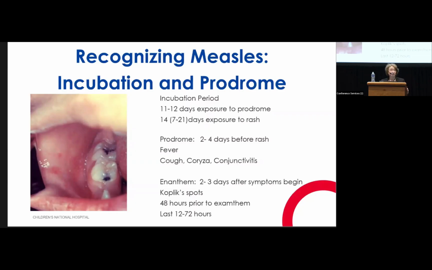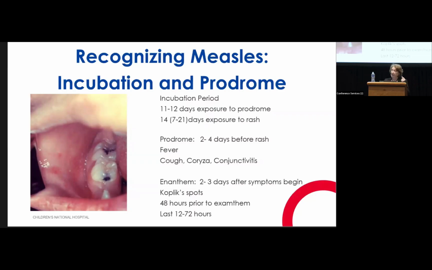Development of rash after somebody is exposed to measles is approximately 1 to 3 weeks, usually happens at about 2 weeks. So essentially what we'll see in the initial prodrome, 2 to 4 days before onset of the rash, is patients will develop fever, cough, coryza, and conjunctivitis, the 3 Cs. And, essentially this always occurs.